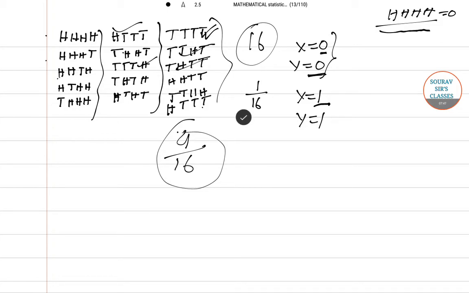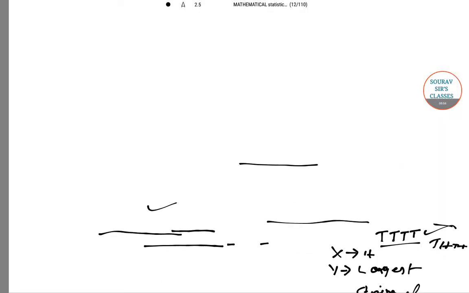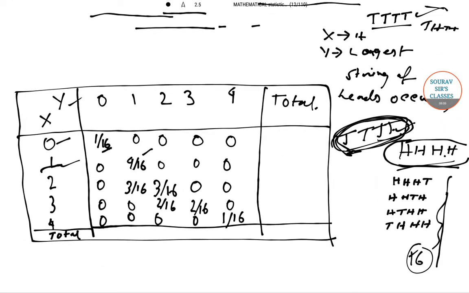This is why we have written 4 by 16. Similarly, if you try to find x equals 2, we'll find it 3 by 16. This way, in the question, in this diagram we have written it this way.